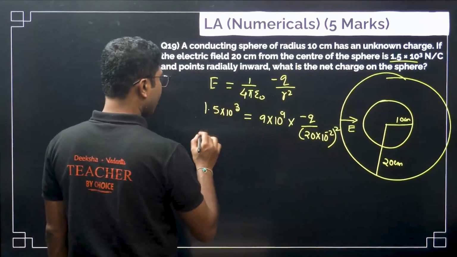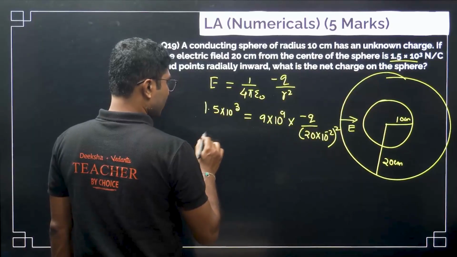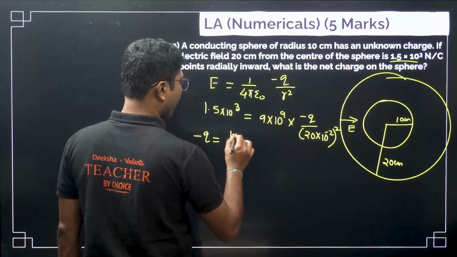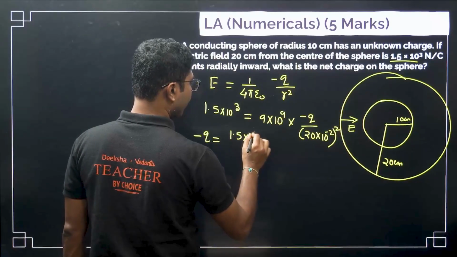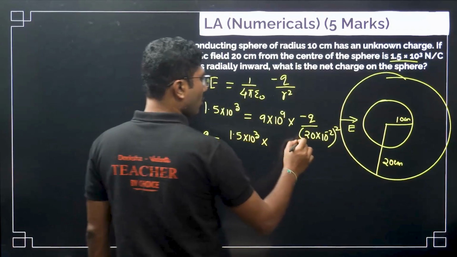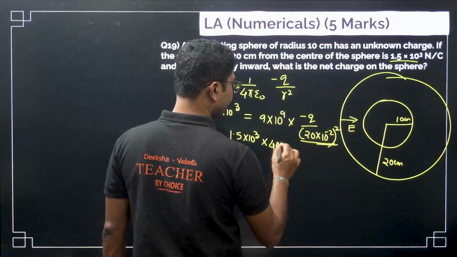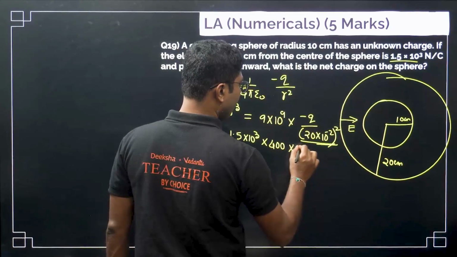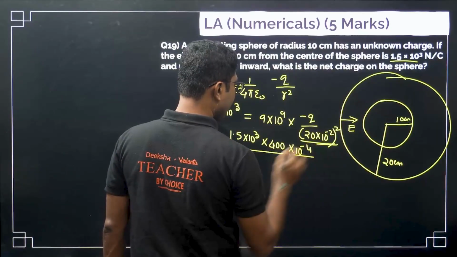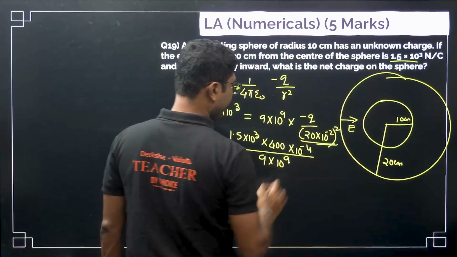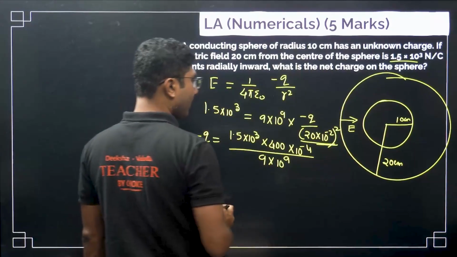Now simplify. So minus q will be equal to 1.5 into 10 to the power of 3 into this, 20 square means 400, 10 to the power of minus 4, divided by 9 into 10 to the power of 9. Okay, now let's simplify.